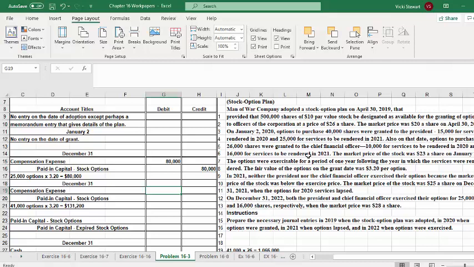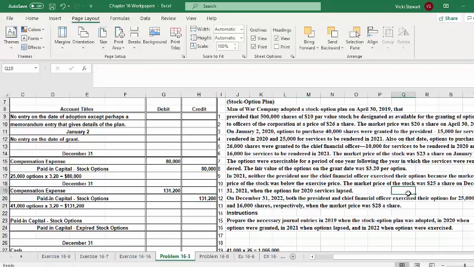So altogether, that's 41,000 options. Again, we multiply that by the value of the options on the grant date. So for 2021, we would debit compensation expense for $131,200 and credit paid-in capital stock options for the same amount.